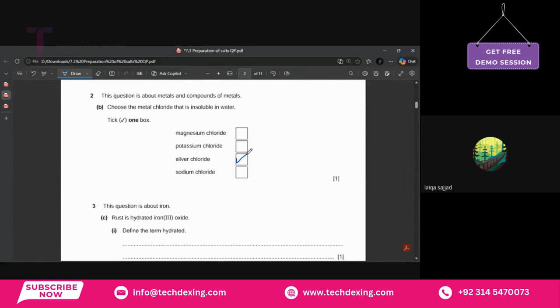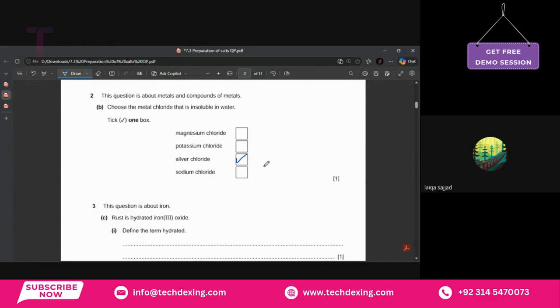If I have salt crystals and the water is outside, like it is placed on the crystal outside, but it is not chemically combined with its structure, then it won't be considered as hydrated.